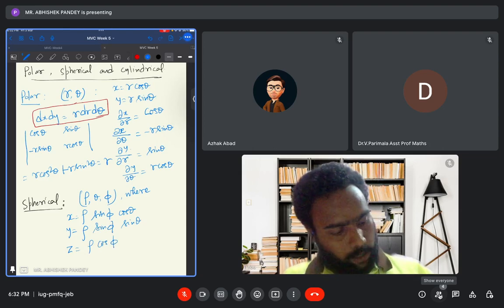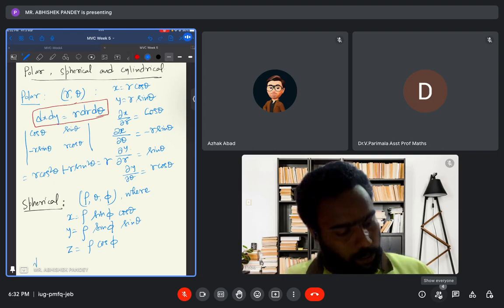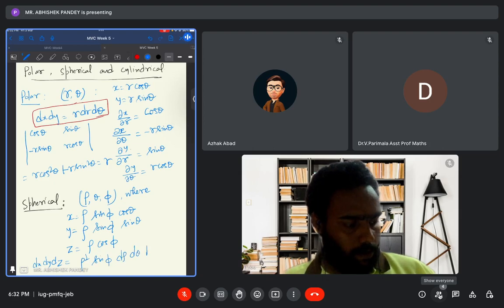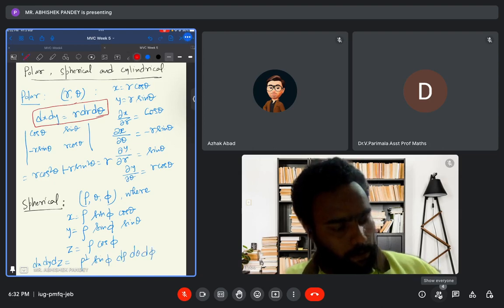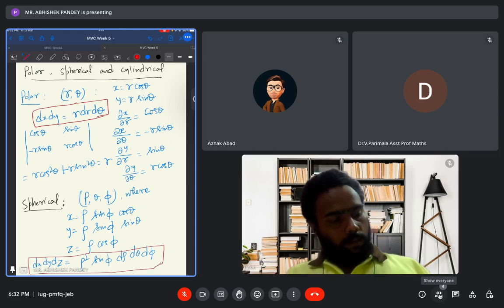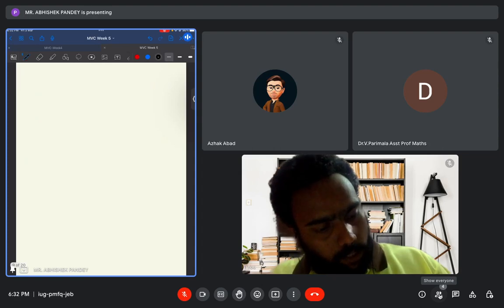So your volume element will become rho square sin phi d rho d theta d phi. This is spherical.